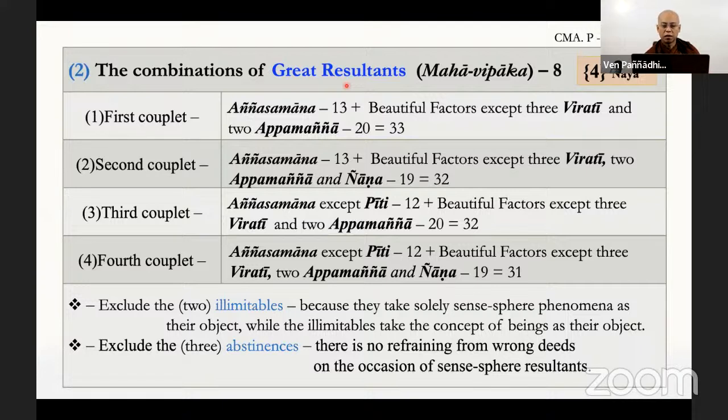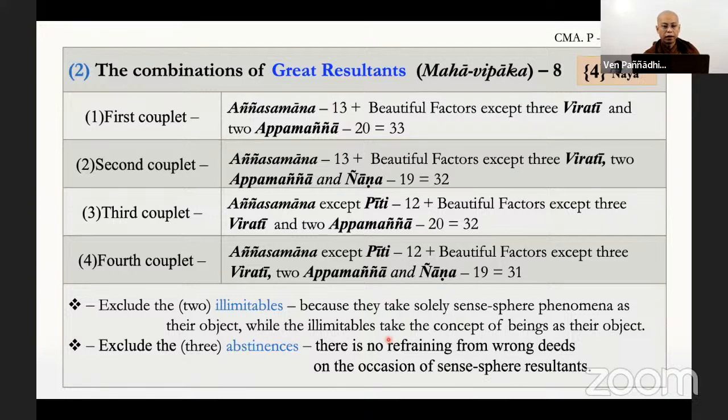I don't know how to say that. Not to the downstream, a little bit more. In the same way, the registration is very weak as a resultant. That's why the resultant itself is the product of wholesome and unwholesome karma.